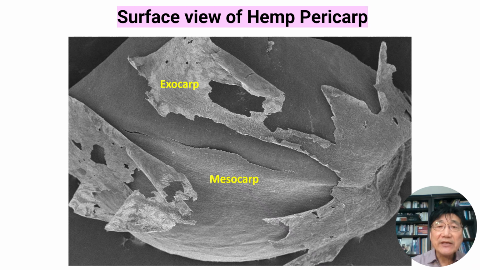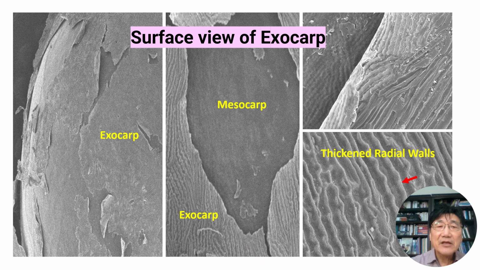Hemp fruit is enveloped with the pericarp. You can see the outermost exocarp and the mesocarp together in this scanning electron microscopic image. This slide shows the outermost zone of the pericarp called the exocarp, which is a layer of sclerenchymatous cells.